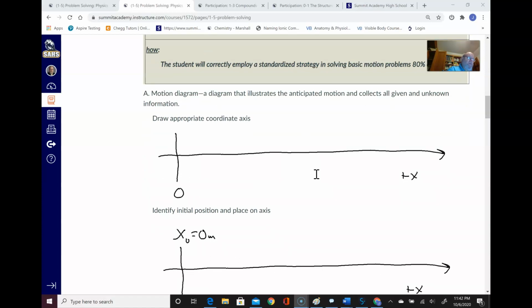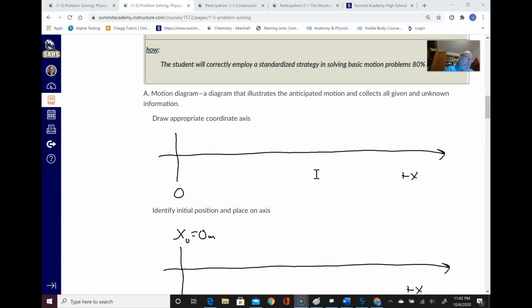Okay, so what is this strategy? Well, we've already talked about the idea that it involves using a motion diagram, and the motion diagram has two main purposes.